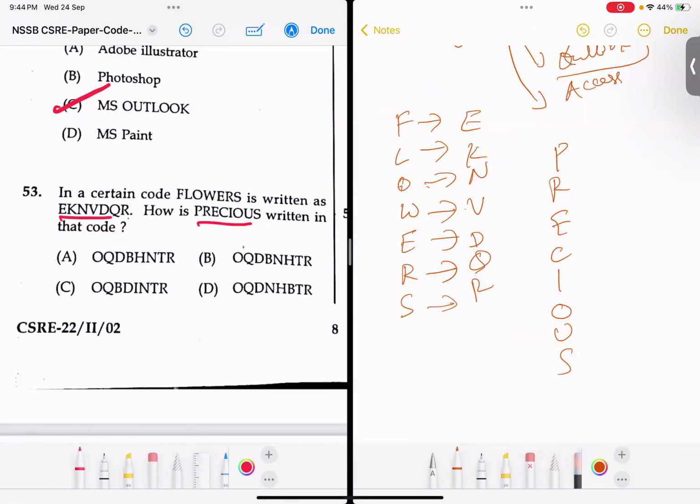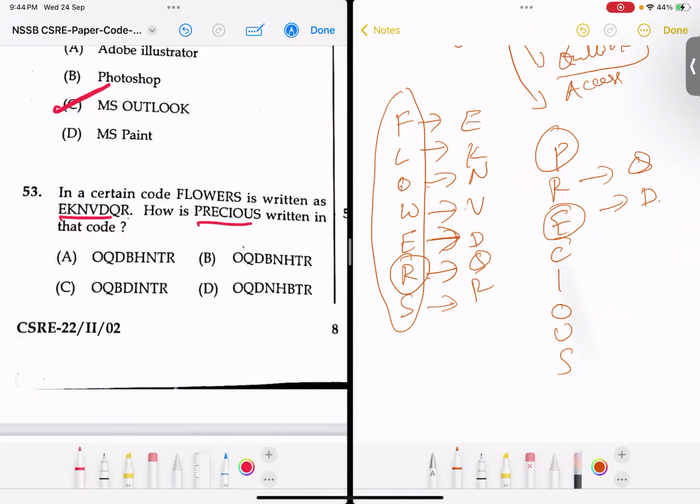Now, P is not there in flowers, right? R is there, right? R has been replaced with Q. E is there and it's replaced with D. C is not there. I is not there. O is there. It's replaced with N, right?